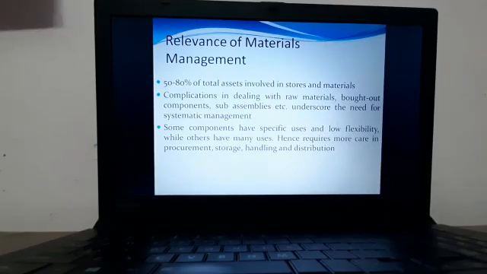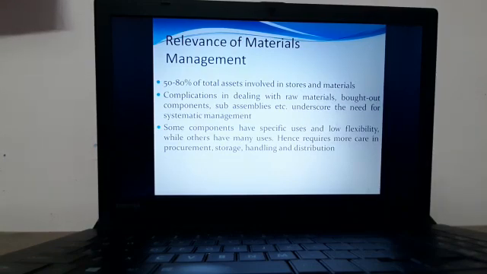Then there are obviously very high complications in dealing with raw materials, components brought from other places, sub-assemblies, etc. And all this underscores the need for systematic management. Now, whenever you consider some of the components, those components will have only specific uses, but there are components which can be used in many ways.